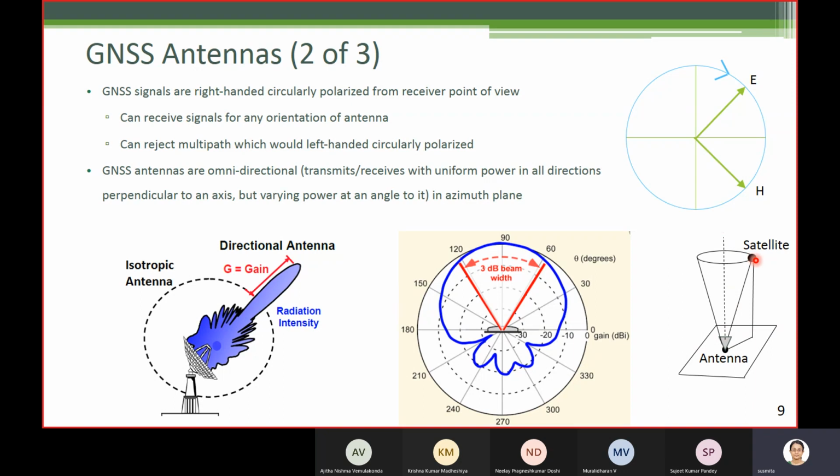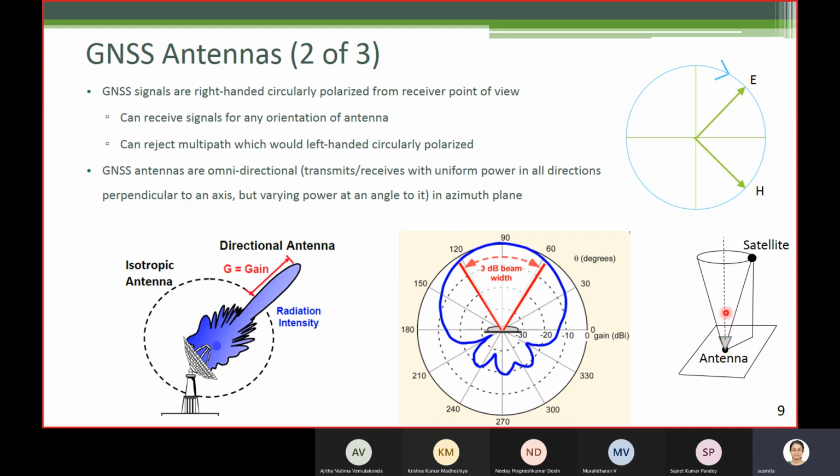Now you change the position of the satellite on that vertical plane. Elevation changes. So in this plane, the antenna will receive signals from the satellite with different gain. This is why it says that it receives with uniform power in all directions perpendicular to an axis.